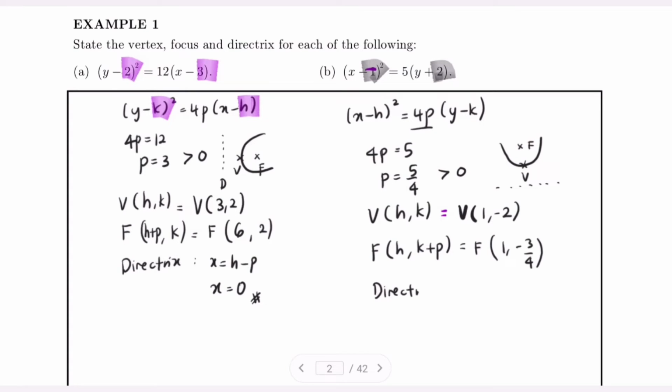And for the directrix, the formula is y equals to k minus p. So y equals to negative 2 minus 5 over 4, and that will be y equals to negative 13 over 4.